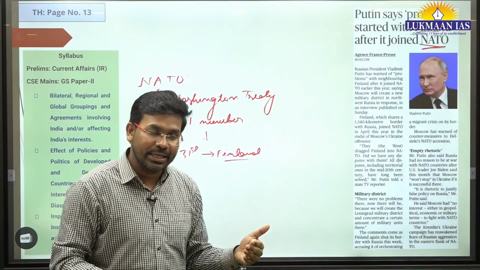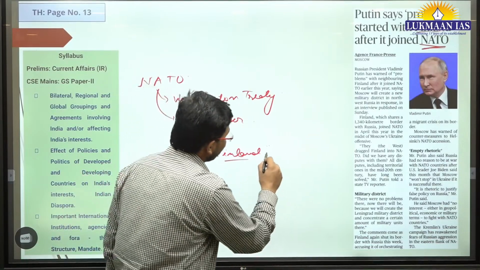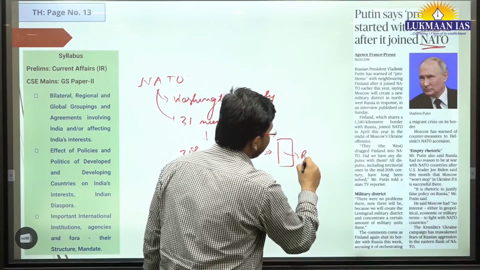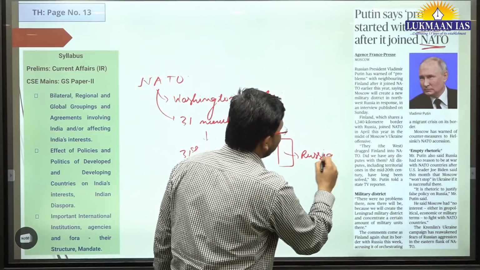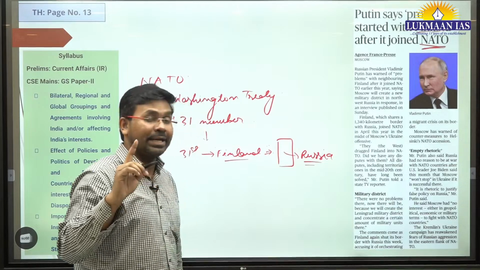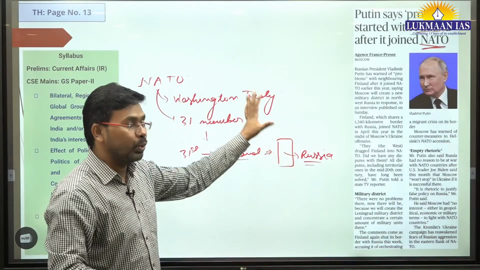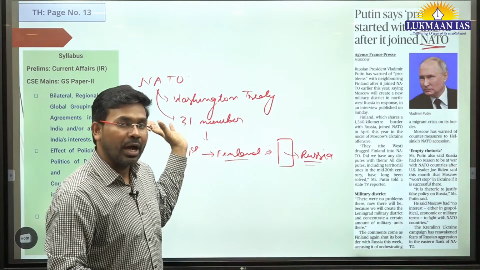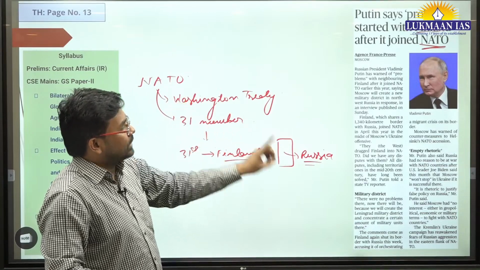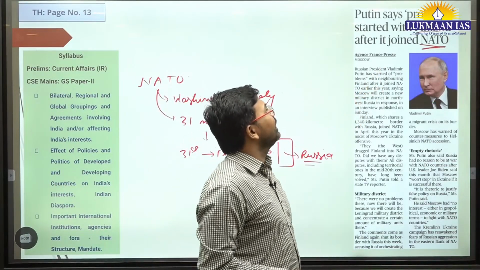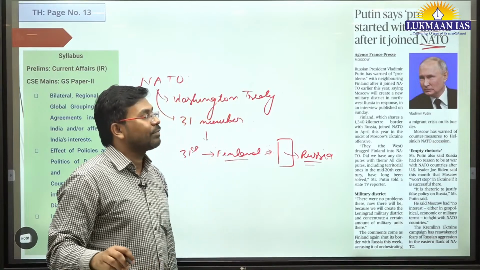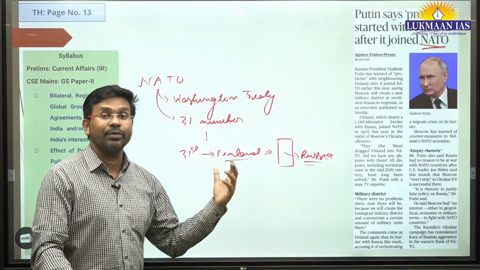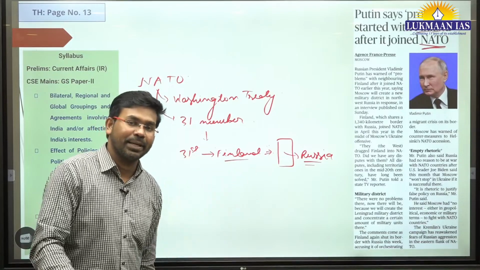He has said that near Finland, in Russian territory itself, they are going to create a military district to keep a check on the activities that Finland is doing along with the USA. So Mr. Putin has said that problems started with Finland after it joined NATO. This is a kind of geopolitical contestation happening in that region.